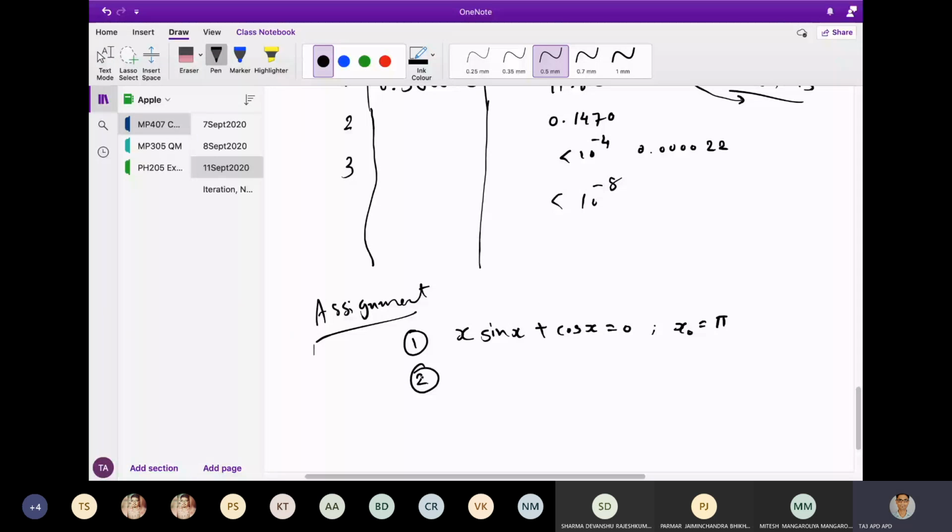Okay, initial guess is pi, and second example would be f of x equal to 2x minus cos x, and the guess would be x naught equal to 1. All right, and what you are expecting is to find the roots with, let me just say, 6 digits of accuracy.